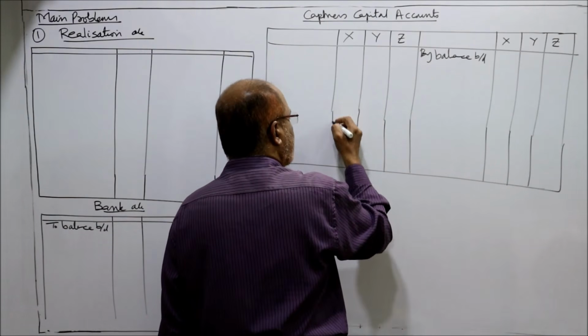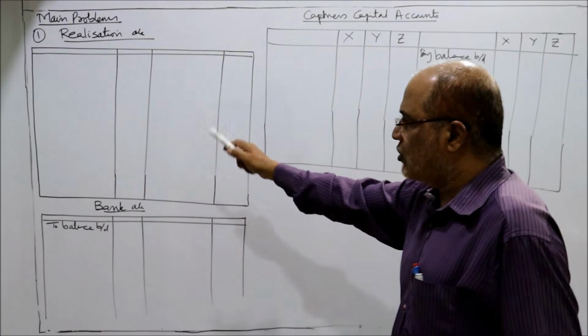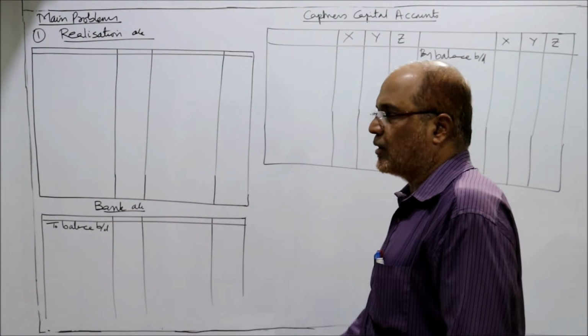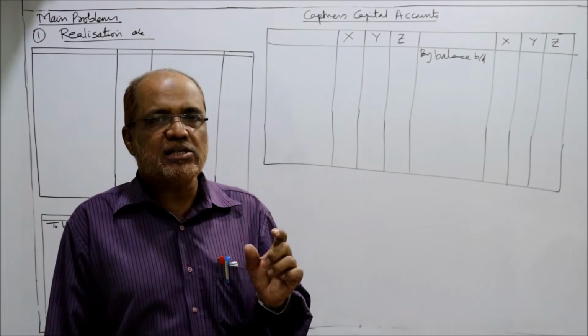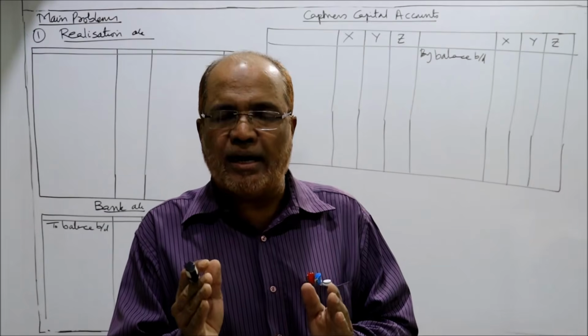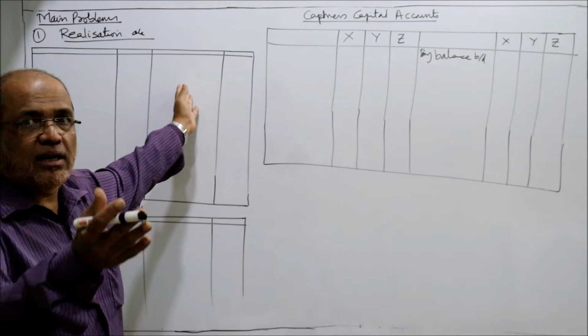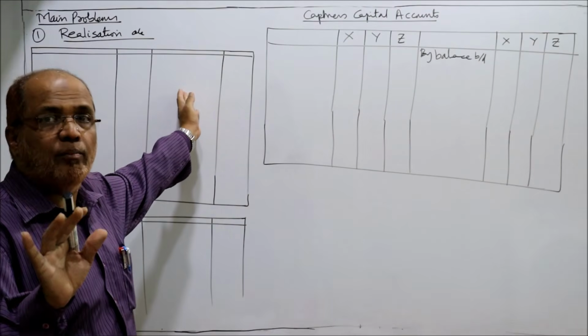It is asking you to make the ledger accounts. That's why we have made the realization account, bank account and partners' capital account. Now the balances will be taken for those accounts which are there in the balance sheet. For the items in the balance sheet, we will take their balances. Realization account is not there in the balance sheet, so we don't have any brought down balance.